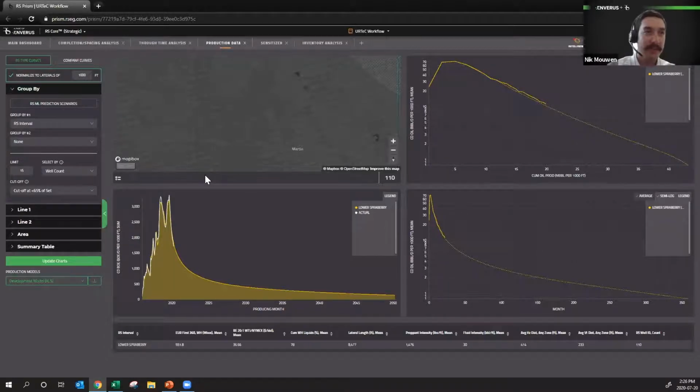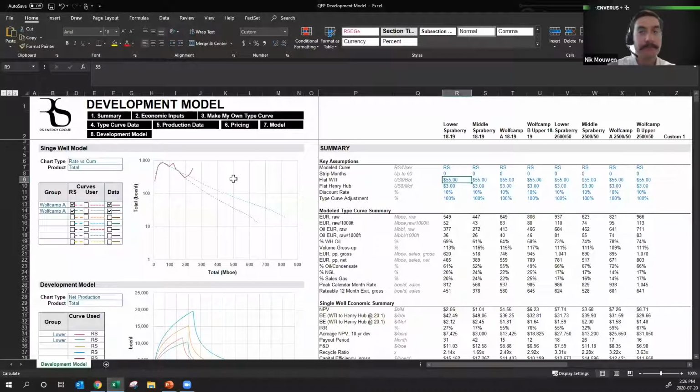So I'm going to jump into the development model now, and we'll quickly step through that. So this is what the development model looks like when you open it. It's basically an Excel file sheet, and it has all the curves that I've compiled in here. So basically the go-forward as-is scenarios are these first 4 curves that we have here.